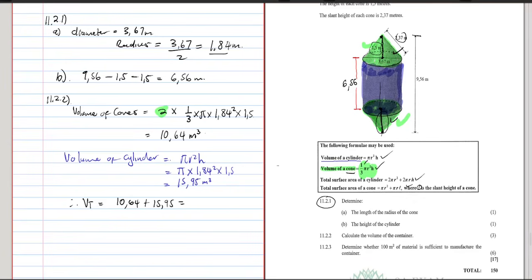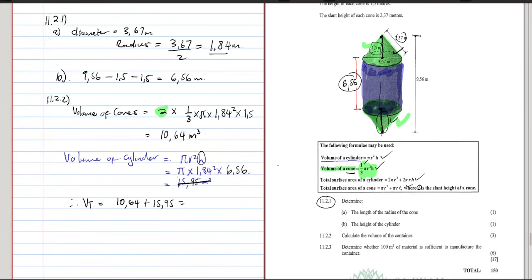I knew the volume cannot be that small. I was getting something like 25-ish. It's supposed to be higher. The error was actually with the height. The height was supposed to be that 6.56, like this. So this is not the answer.